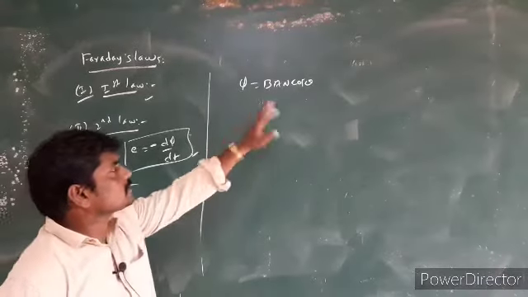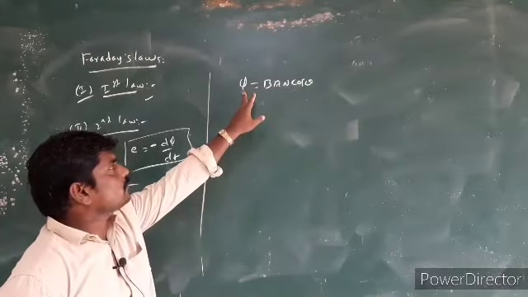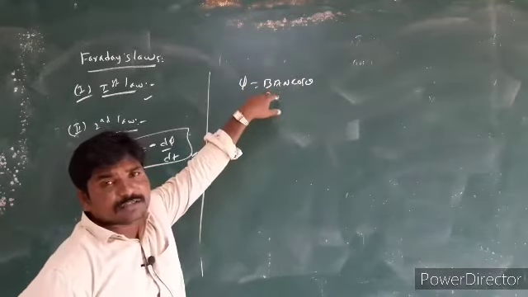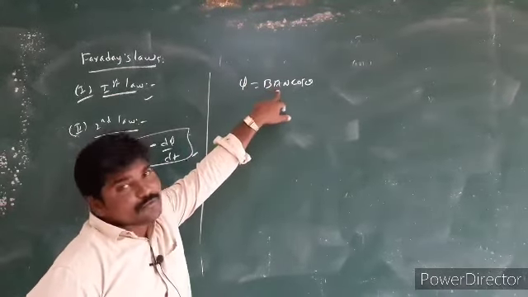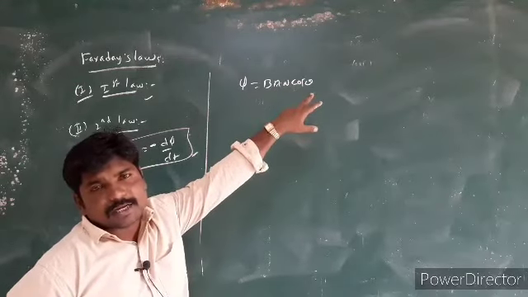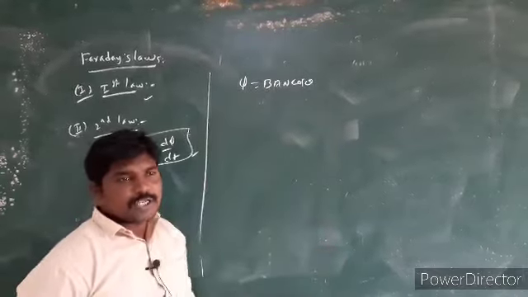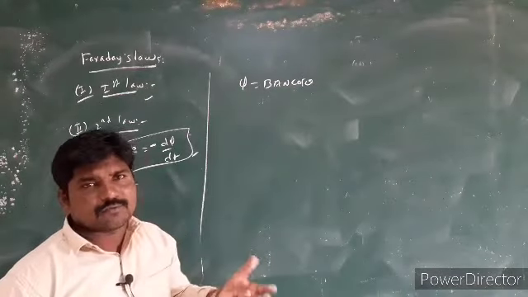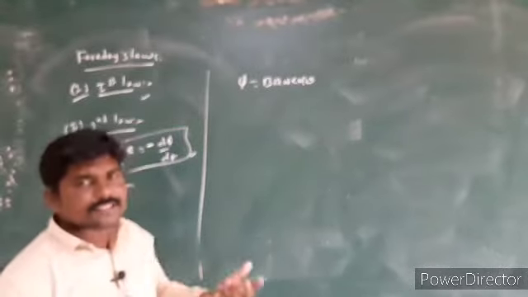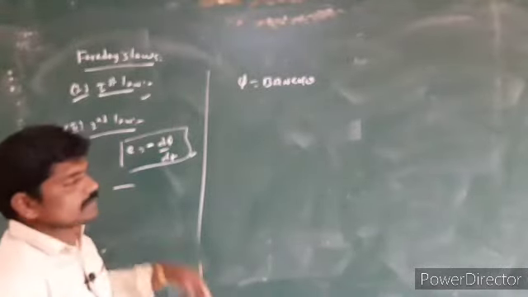Now, how does the flux change? The magnetic flux depends on factors: the strength of the magnetic field, the area of the coil, the number of turns in the coil, and theta. Theta means the angle between A bar and B bar. If the strength of the magnetic field changes, flux changes. If the strength of the magnetic field in the coil changes, the flux linked with the coil changes, then EMF is induced.